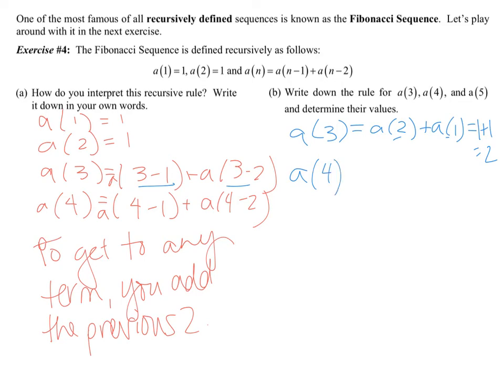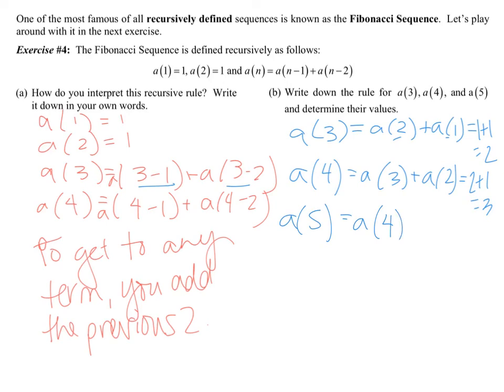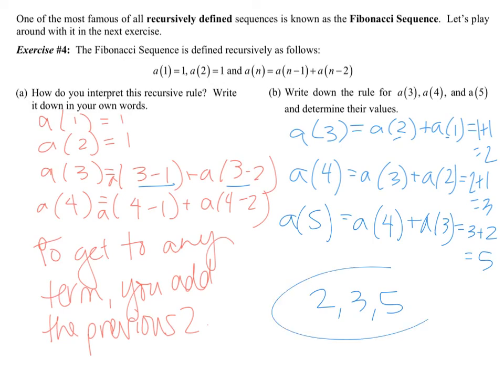For a of 4, you're going to get a of 3 plus a of 2, which is 2 plus 1, which equals 3. And for a of 5, you're going to get a of 4 plus a of 3. A of 4 is 3, a of 3 is 2, so it equals 5. So the sequence for 3, 4, 5 goes 2, 3, 5.